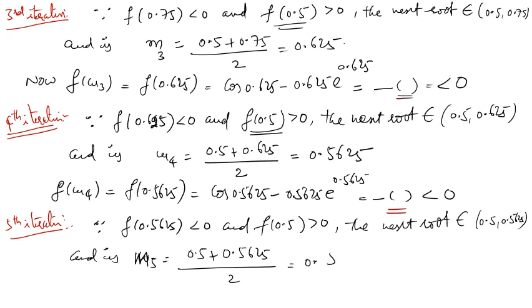This is 0.53125. This is the fifth root, the final answer. After 5 iterations, the approximate root is 0.53125.